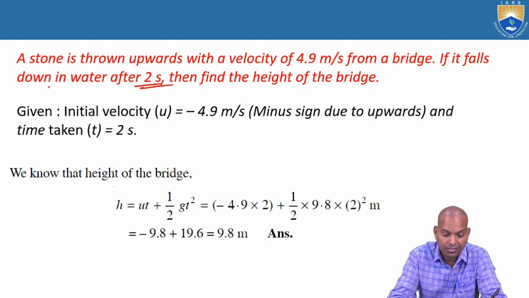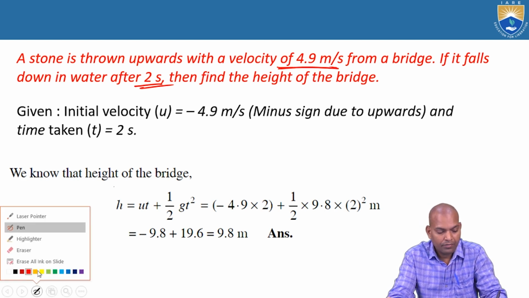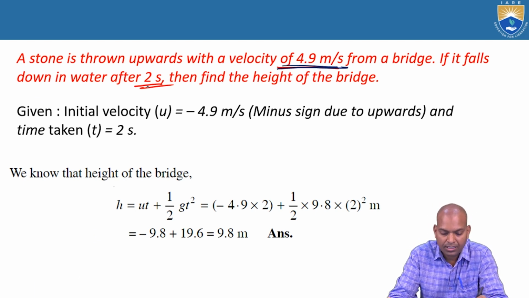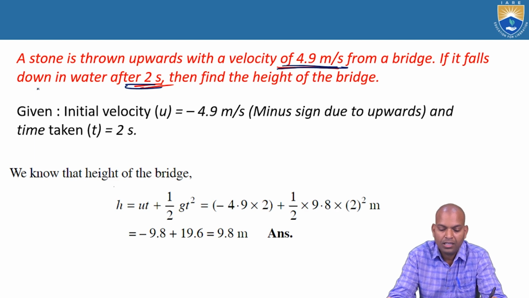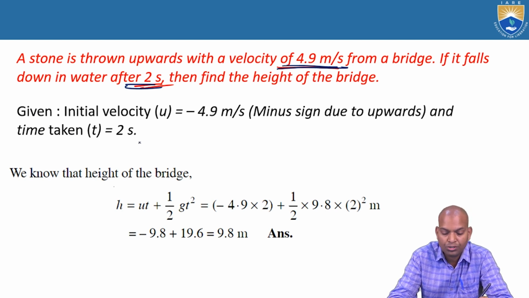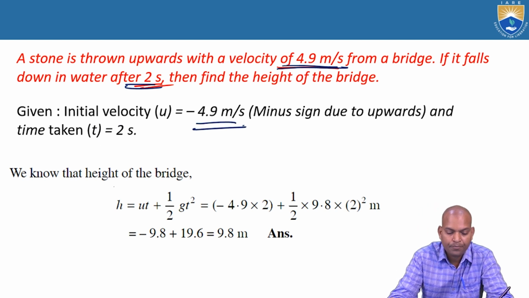Based on the given data, the velocity upwards is 4.9 meter per second and the time is 2 seconds. Then we have to find the height h of the bridge. The initial velocity u: since it is thrown upwards, the velocity becomes negative, that is minus 4.9 meter per second, and the time is 2 seconds.